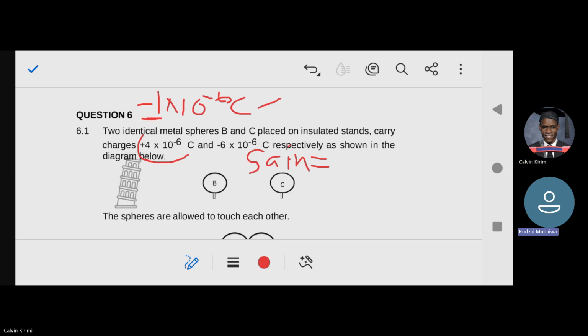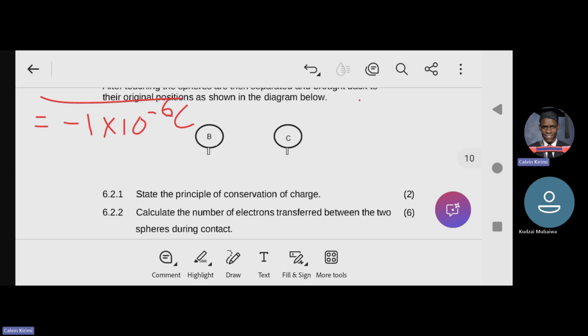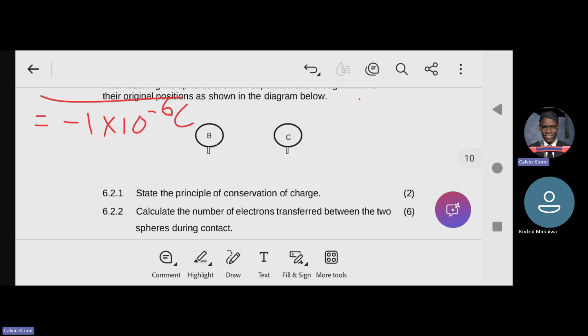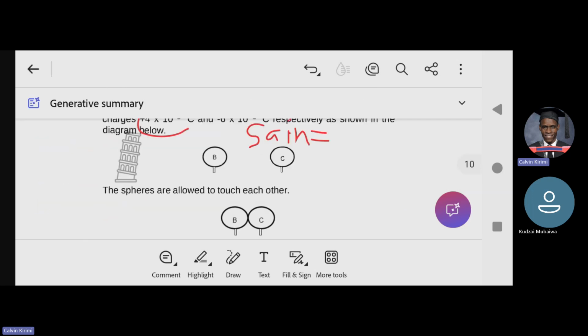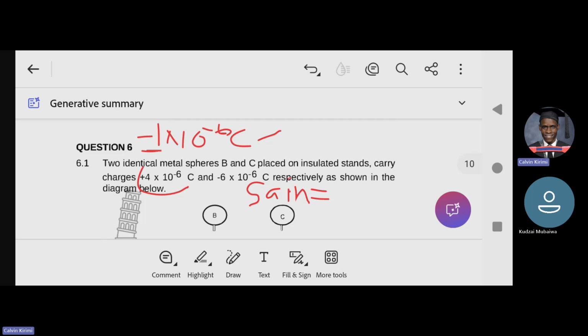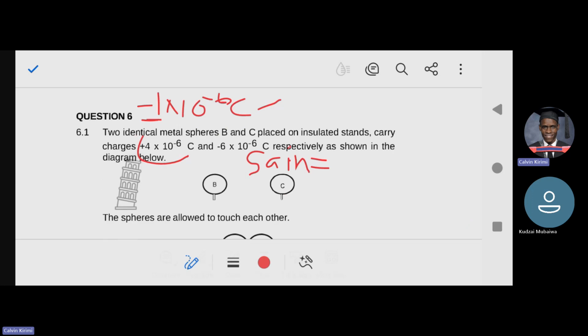The positive. Yes. Here they were saying calculate the number of electrons transferred during contact. So this one is the one that gained, the one for charge C. But you can still use any of the charges. You come back with the same answer.